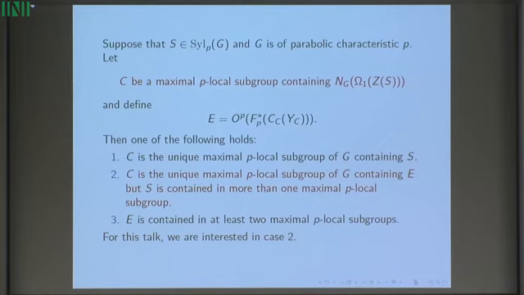Now, this case, I'm not going to say anything about. This case has been looked at by Meierfrankenfeld and Stellmacher using so-called pushing up arguments. And we're going to be interested in this case. So C is the unique maximal p-local subgroup of G containing E. So what does that lead to?